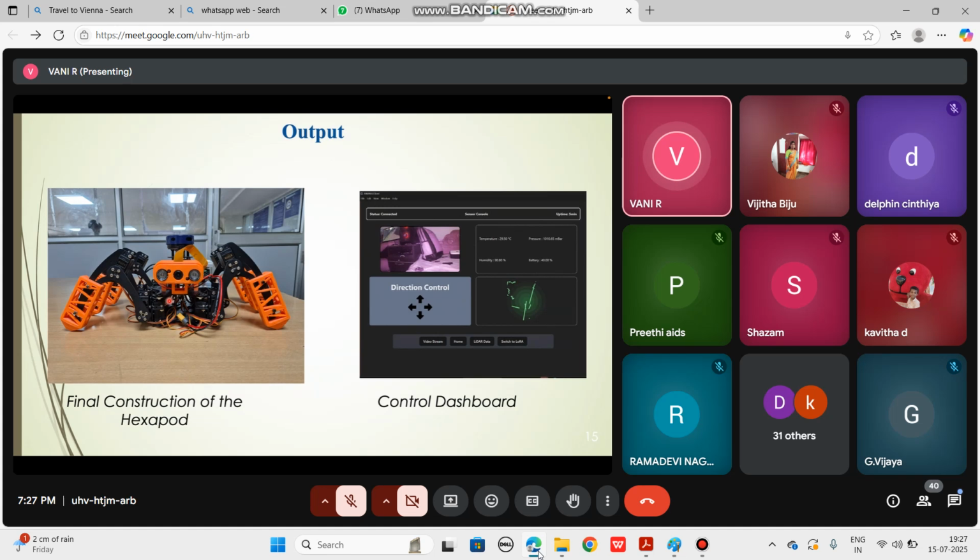So here you could see that this was the project that's been developed, and it has six legs with a lidar and a camera, and all the sensors embedded.